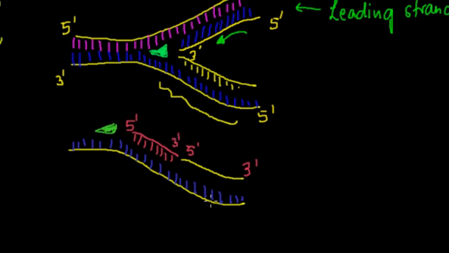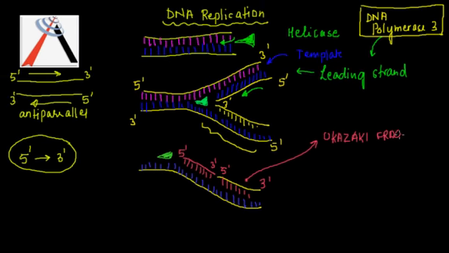And these fragments of new daughter strands which are built this way are called Okazaki fragments. Once all the fragments are built up, later these fragments are joined together, and this is how the other strand, that is also called the lagging strand, is built.